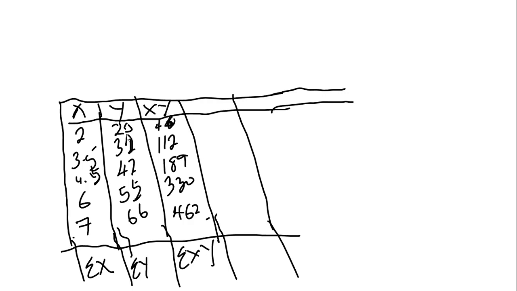So that is why I was asking you to multiply them for me. So we got 40 here by multiplying 2 by 20. We got 112 here by multiplying 3.5 times 32. We got 189 here by multiplying 4.5 times 42. Then we got 330 by multiplying 6 times 55. Then 7 by 66, we got 462.